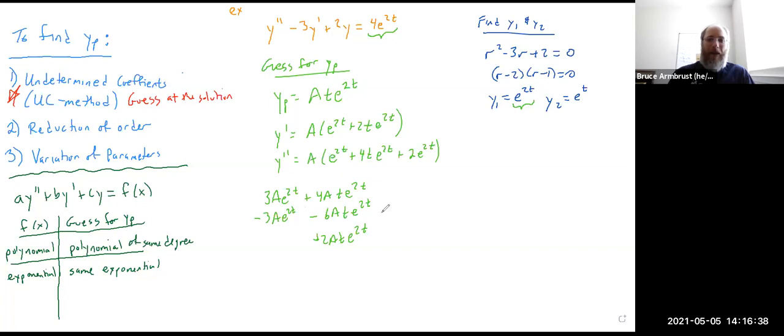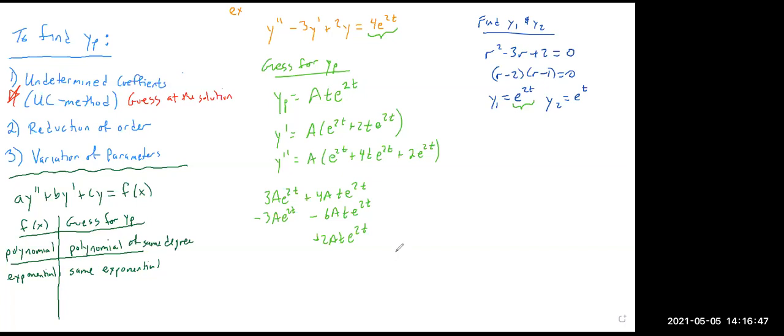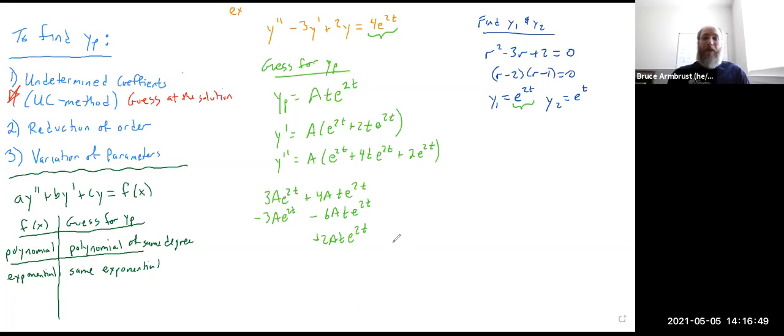Look at what happens when I add all that stuff up. What do I get? 0. Yeah, and it can't be 0, because I know t e to the 2t is not in this set. What did I do wrong?